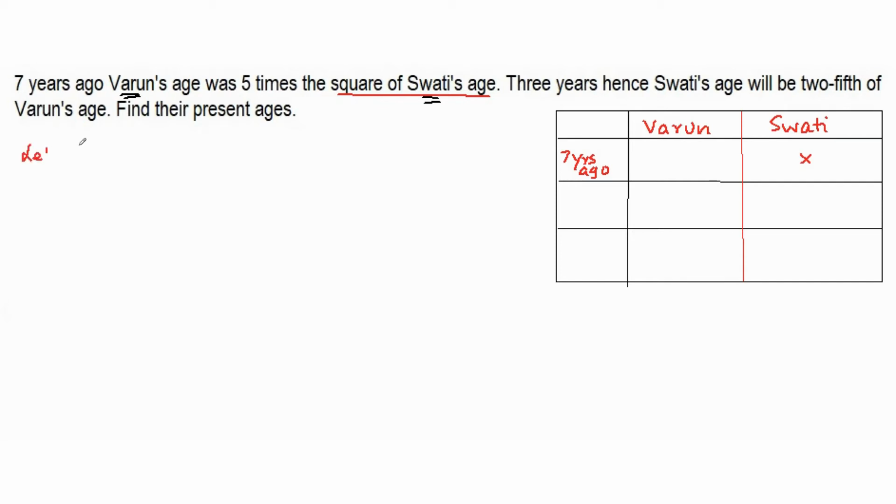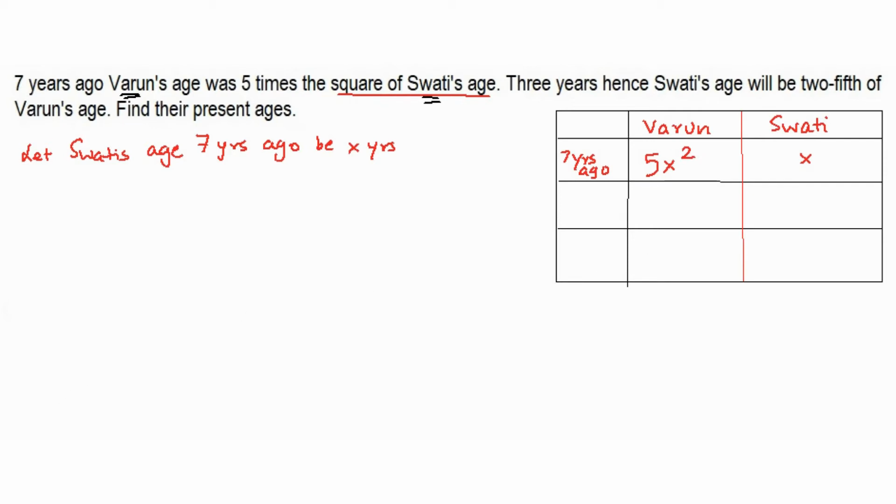So let Swati's age 7 years ago be x years, right? And it is given that Varun was 5 times the square of Swati's age. So Varun's age was therefore 5x square.